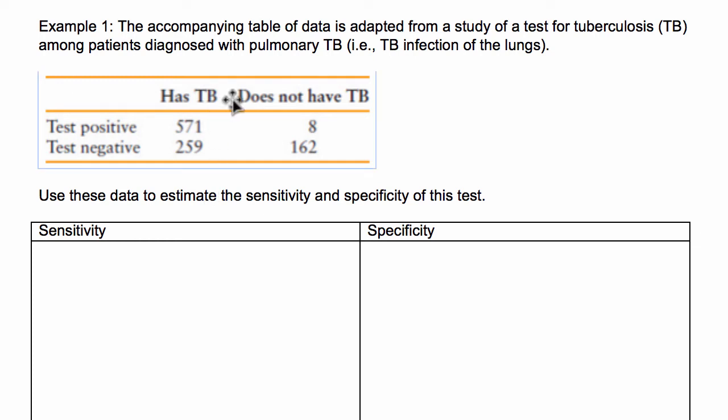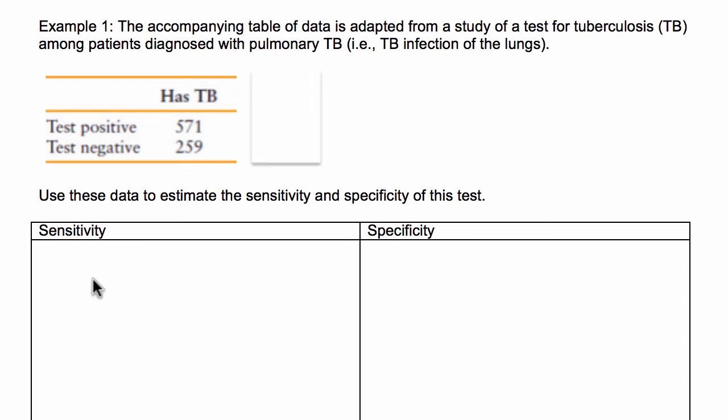Once again, for just a moment, I'll cover up the second column of the chart, so we can focus solely on the first. When we are calculating sensitivity, our denominator is made up of all people in the study who have the disease, the people in our first column of our chart, while our numerator is all the people in this column for which the test was accurate, that is, our true positives.